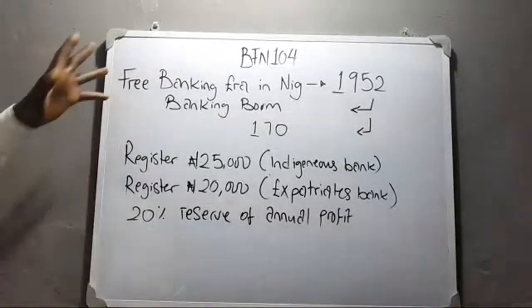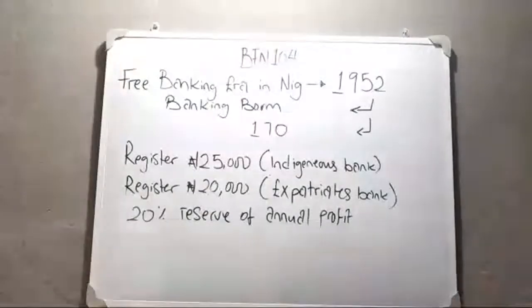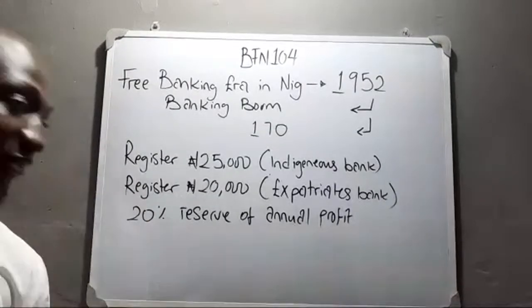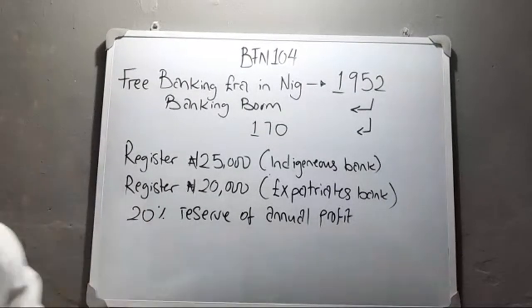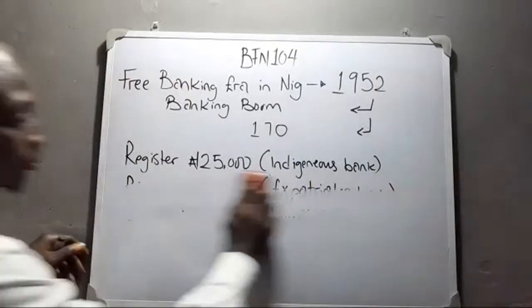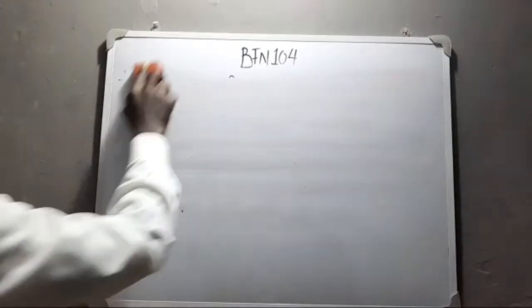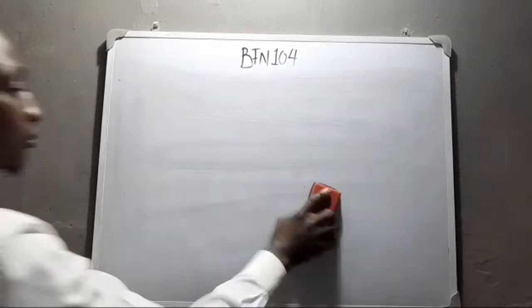This era is referred to as the free banking era, the boom era in 1952, whereby over 117 banks came into existence. For indigenous banks it was just 25,000 naira, and for expatriates 20,000 naira, with a 20% reserve of annual profits. So we get to know that it was indeed the boom era.